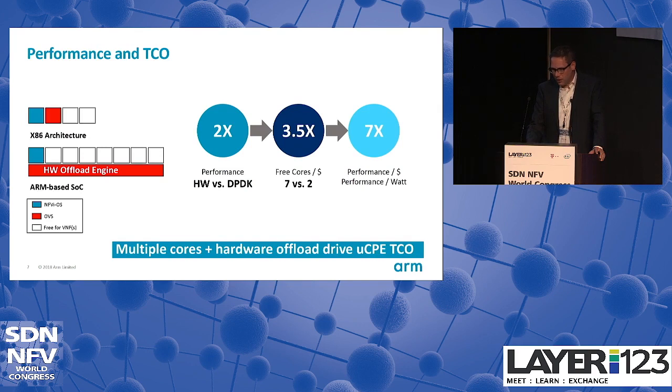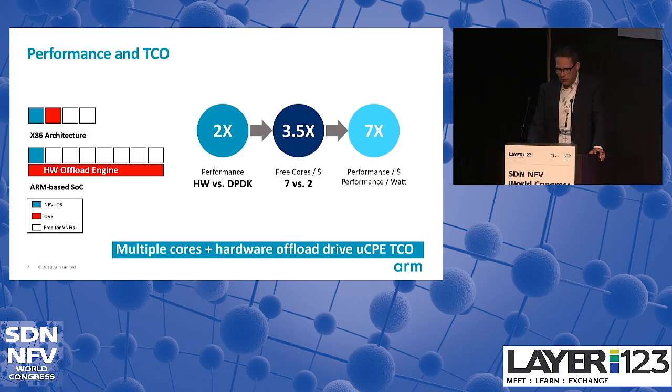So let's talk about the TCO capabilities. One of the big value propositions for ARM is our ability to leverage a much greater number of cores inside a given price or power envelope.